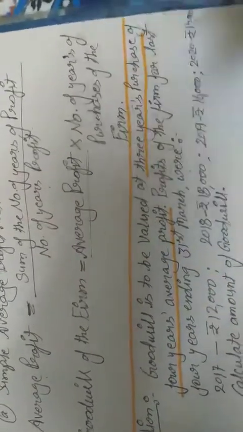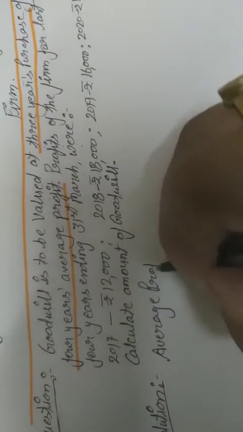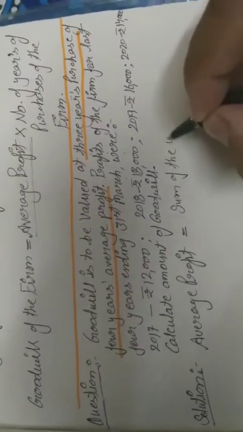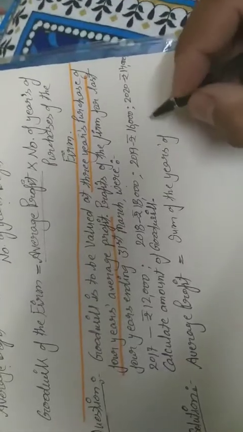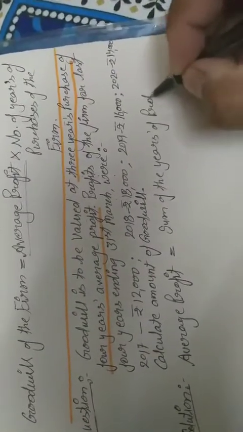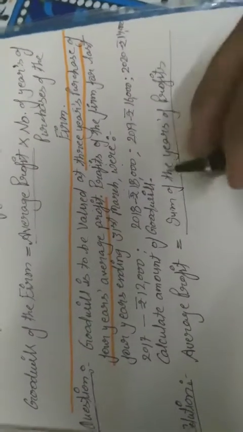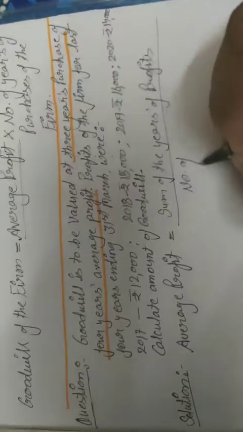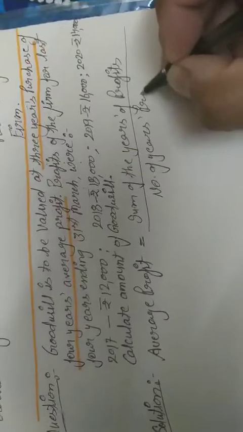So first, what we require is the average profit. So first of all we will calculate the average profit. Average profit is equal to the sum of the years' profits upon the number of years.